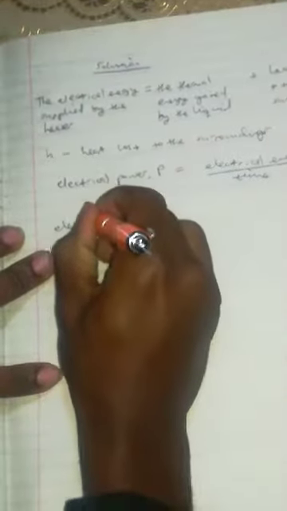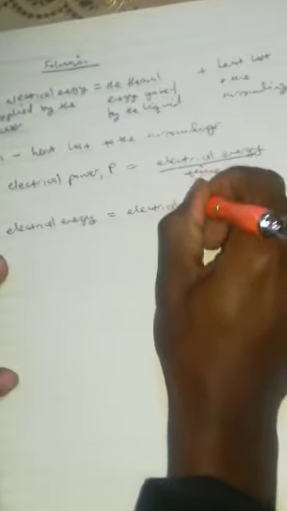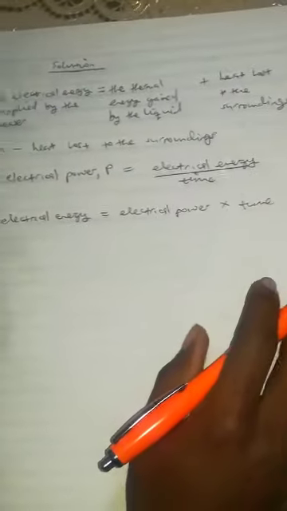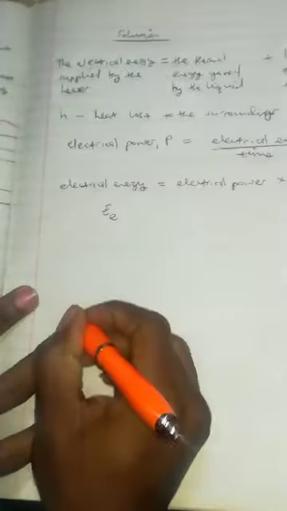Now let me make electrical energy the subject of the formula. It's simple: electrical energy is equal to electrical power multiplied by time. Now I just want to use symbols to represent this. Electrical energy is represented by an arbitrary letter E, subscript E, which is equal to electrical power.